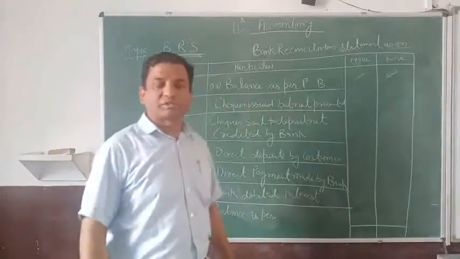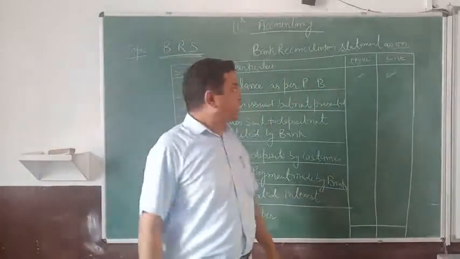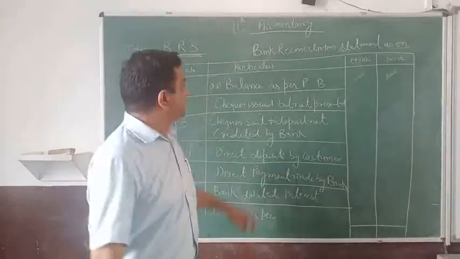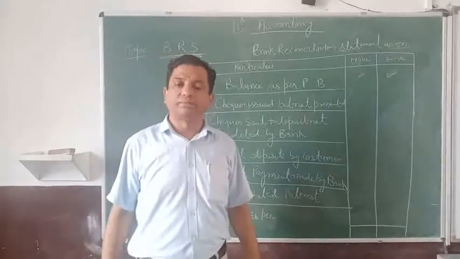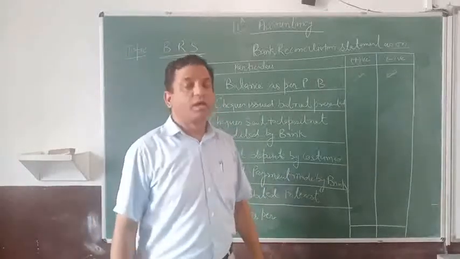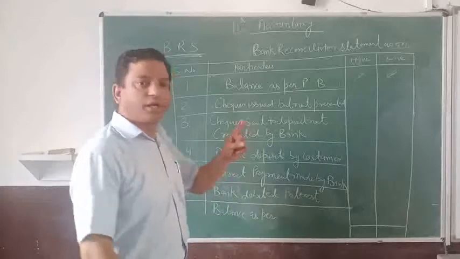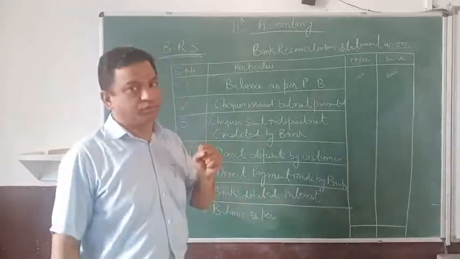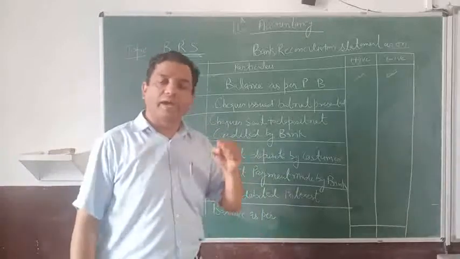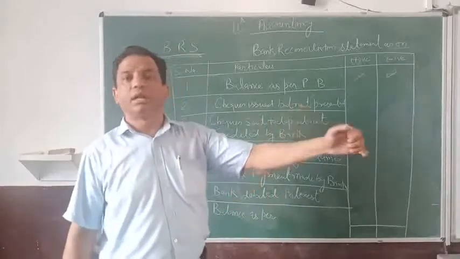This I have explained to you in my previous video, that debit balance of cash book positive, credit balance of cash book negative, debit balance of passbook negative, and the credit balance of passbook positive, and the overdraft balance of any book will always be negative.